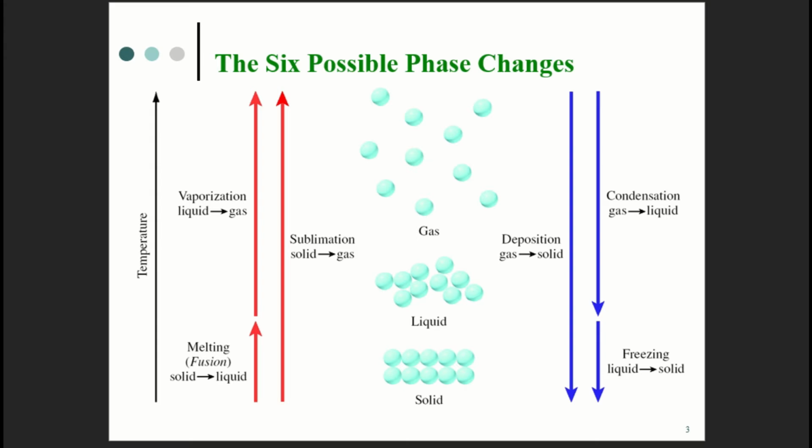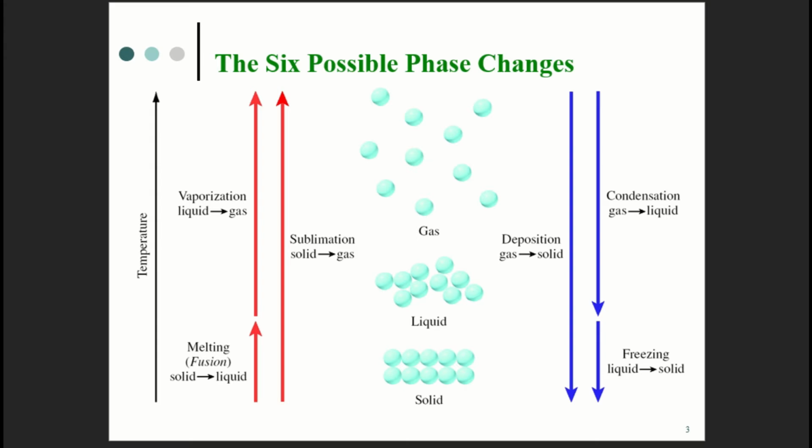Same goes in the liquid state. When a liquid is heated, the particles of the liquid gain energy, which causes them to vaporize. And another is sublimation. It's the direct phase change from solid to gas.